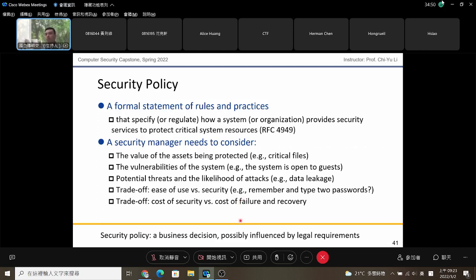It can also be influenced by legal requirements. For example, the U.S. government is required to deploy some security mechanisms proposed by the government.